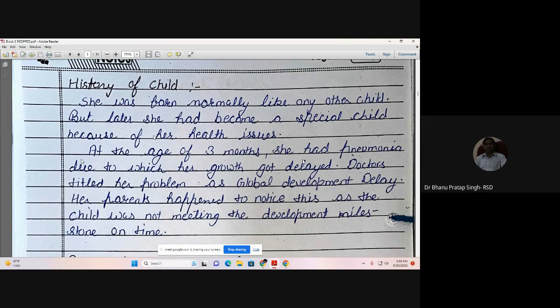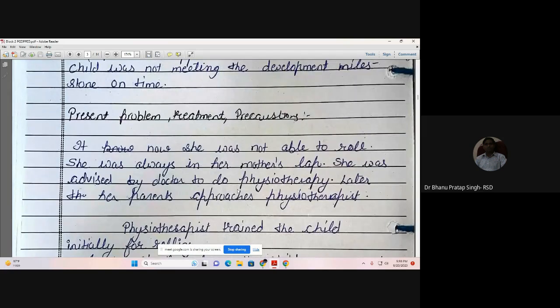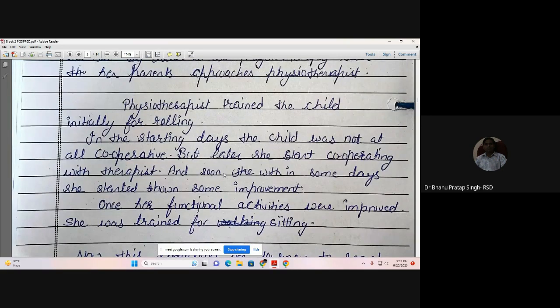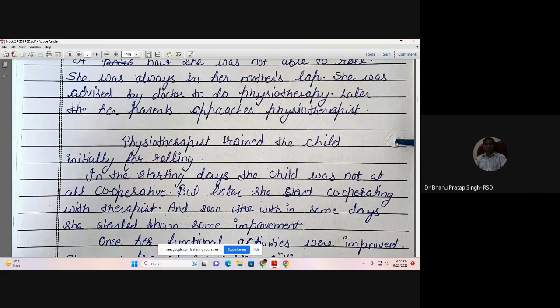At the age of 3 months, she had some disease due to which her growth got delayed, and doctors identified her problem as global development delay, and parents also noticed this as the child was not meeting any development. So the researcher has noted down the present problems, and whatever treatment and development the family members undertook and what the interference of the teachers was, she has written all.